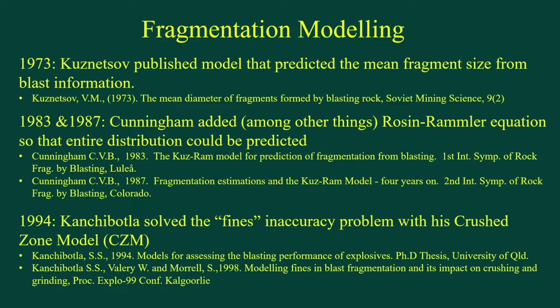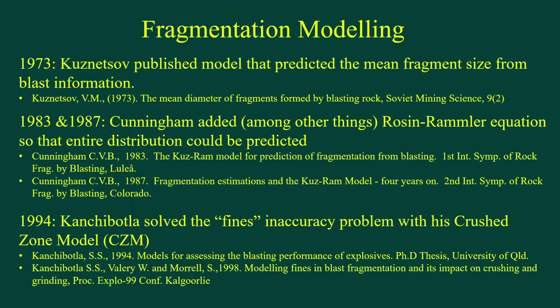1983, let's go forward another 10 or 11 years to 1994, and Sharma Kanchibhotla, who was a student at the same time I was at the JKMRC, in fact I think he was in the office next to me, when he developed what we called the crushed zone model.